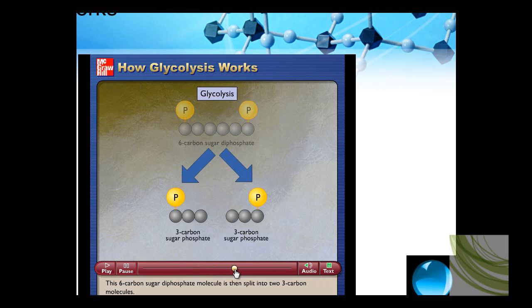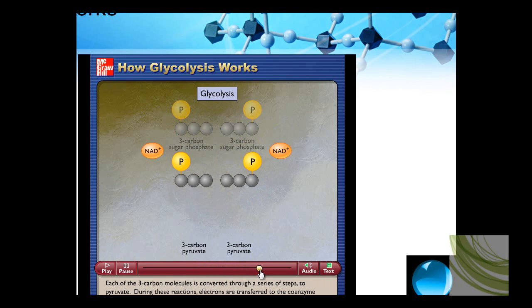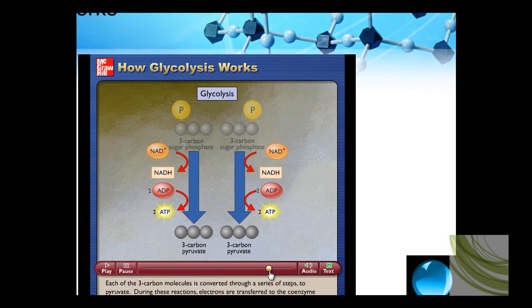All right? And then they split. And NADs pick up some hydrogens, and they make some ATP. Okay? So what you've got, you start out, you spend 2 ATPs.